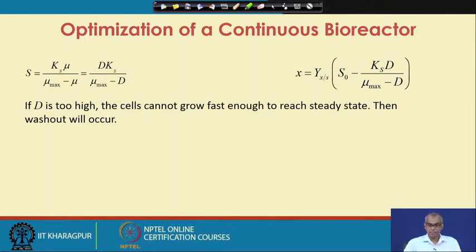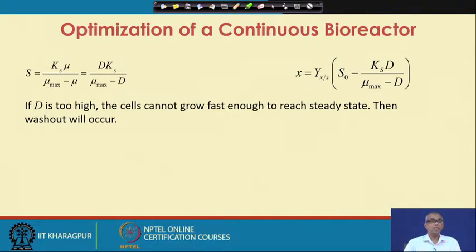So, in that case, the cells will not stay for long time within the reactor and will not be able to grow fast enough to reach steady state. Then all the cells will soon be out of the reactor. This is known as washout condition. So, if D is too high, the cells cannot grow fast enough to reach steady state, then washout will occur.